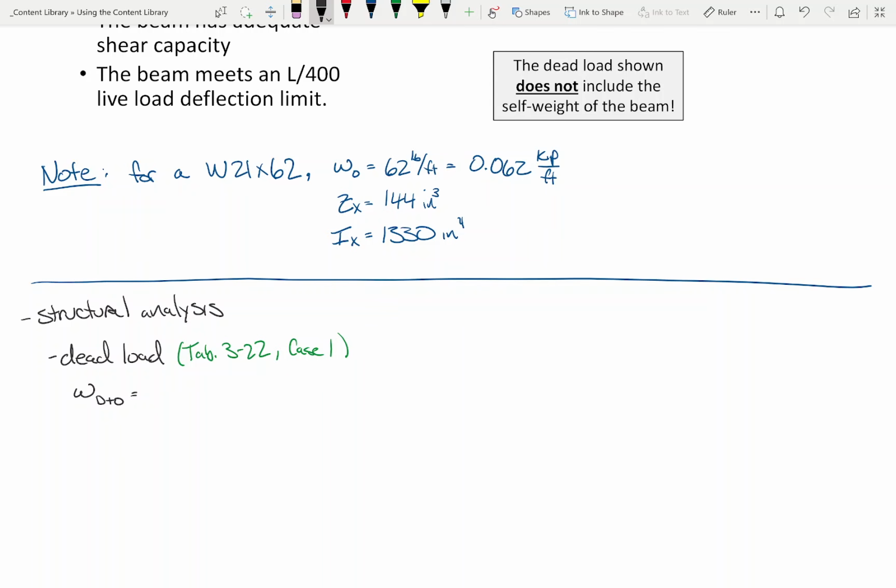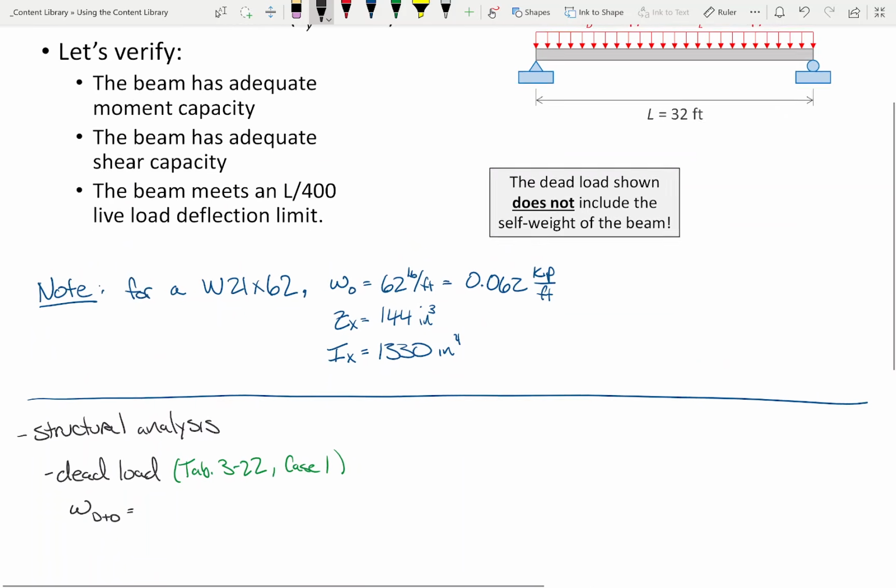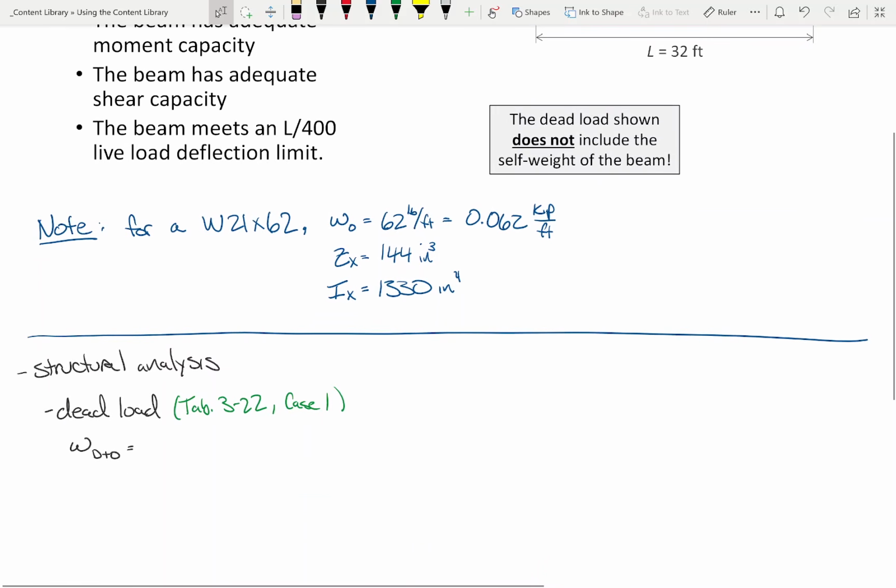So the self-weight is 62 pounds per foot, but then on top of that, we placed an additional 1,000 pounds per foot, right? That's what's going on up here, right? So this is going to be that. Is that a fair statement? That we have the dead load that was originally applied plus the self-weight of the beam, right?